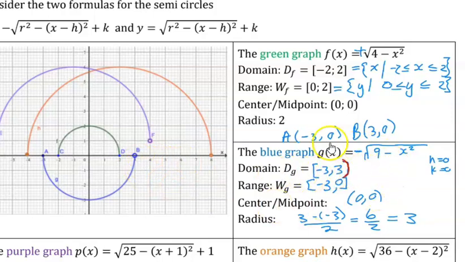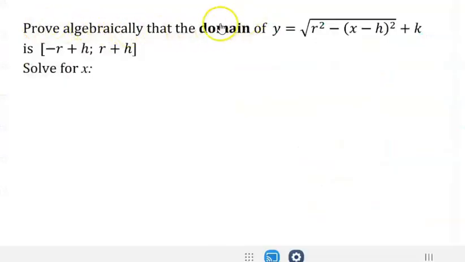So after we've done what we normally do, we go back and check the endpoints of each graph. Let us prove algebraically that the domain of y equal to plus or minus the square root of r squared minus (x minus h) squared plus k is exactly that. To calculate the square root, remember that although it's not written there, there's always a little 2 there.